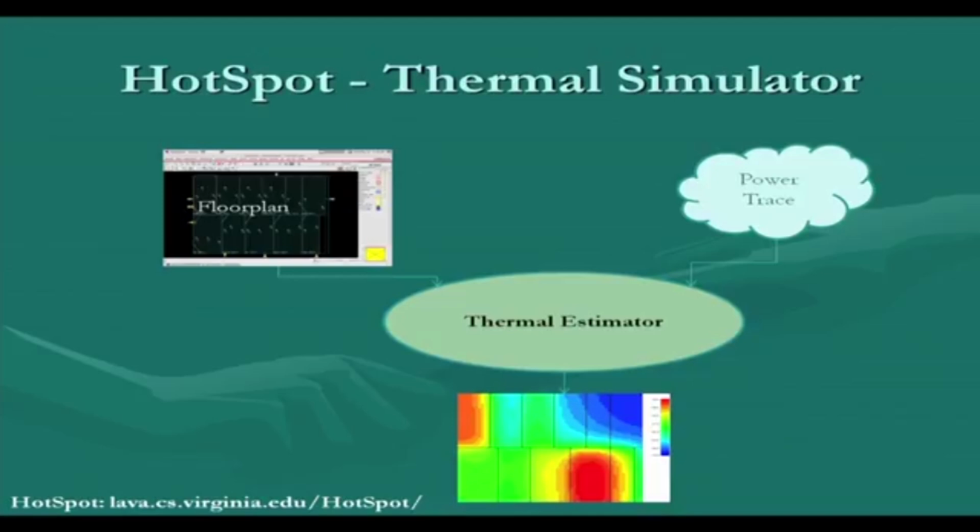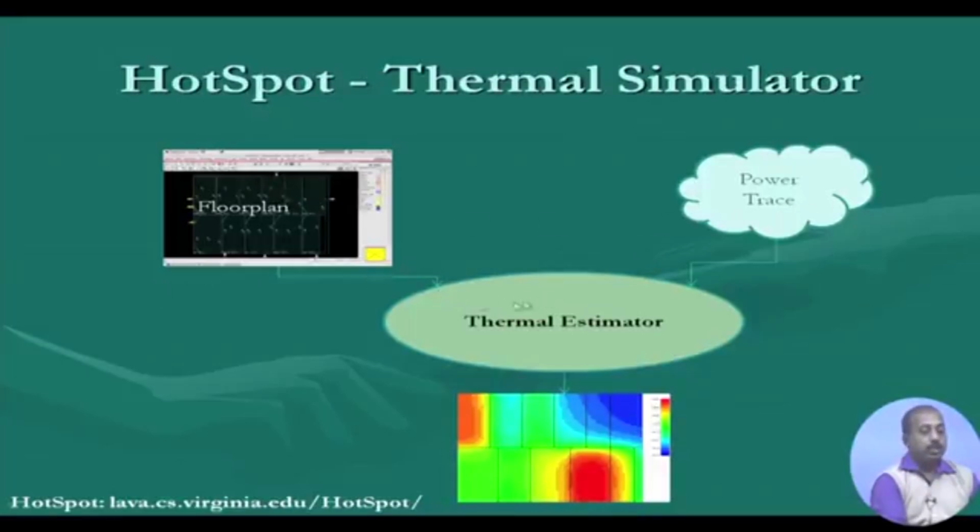So, how do we get this temperature profile? That is the first thing. There are many thermal estimators available, and one of them is the tool HotSpot, available on this particular site. HotSpot takes the floor plan of the chip as an input, and it also takes the power trace of the individual blocks.